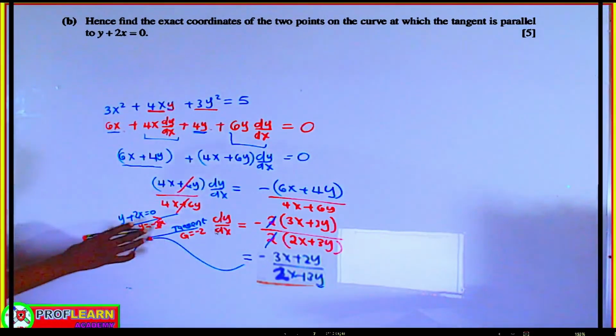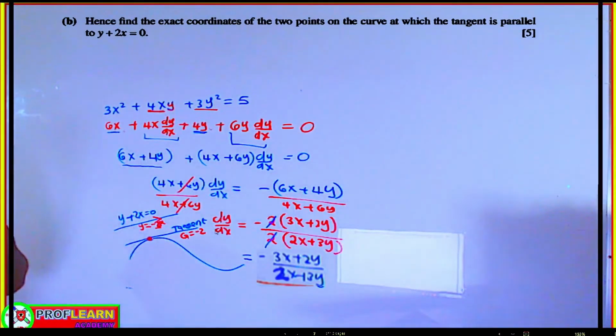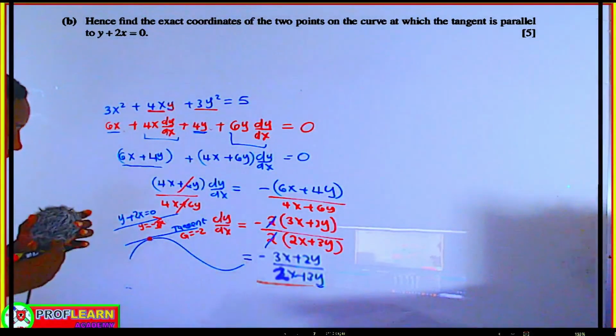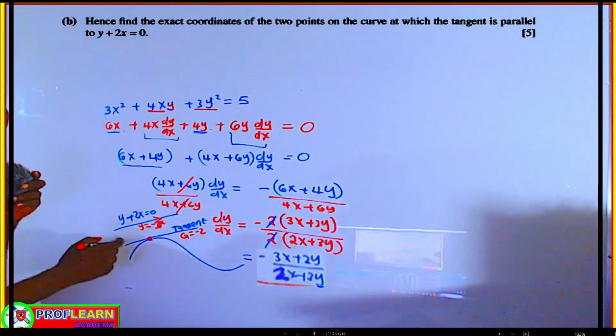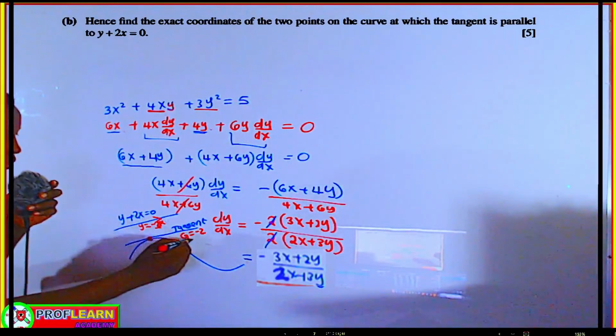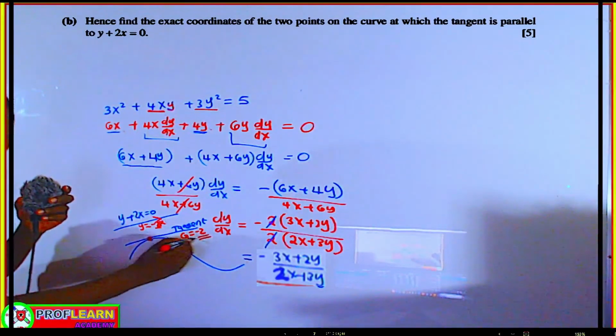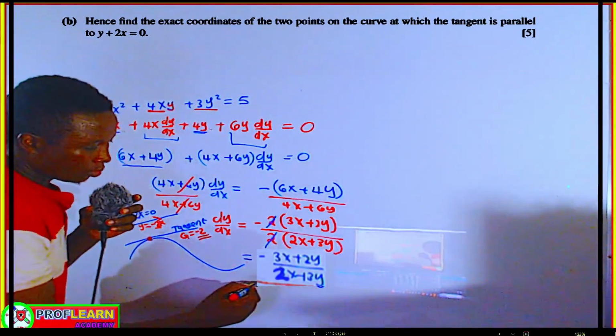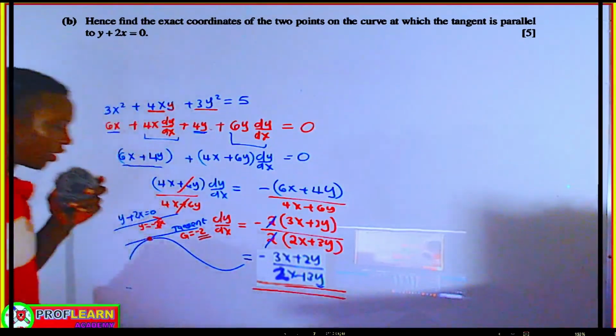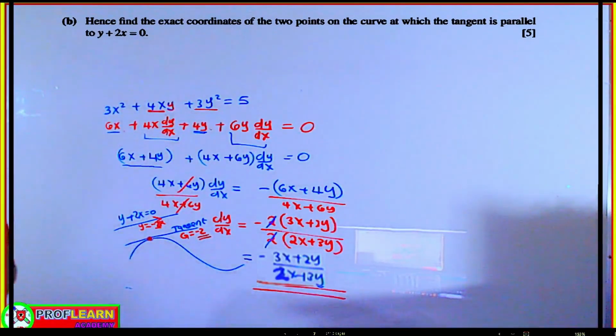So the reason why we are given this line is to enable us to know the gradient we are going to use in this particular question. So we are going now to take this gradient negative 2 and equate it to the function that we had gotten, so that we can find the value.